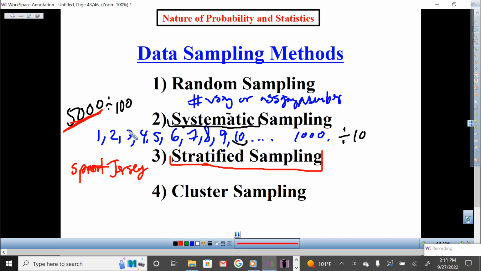Okay, so question. From these 5,000, what can I do to that 5,000 that I selected so that I'm more stratified in regards to selecting people that would answer questions in regards to jerseys? What do you think I'm going to be looking for in that group of 5,000?